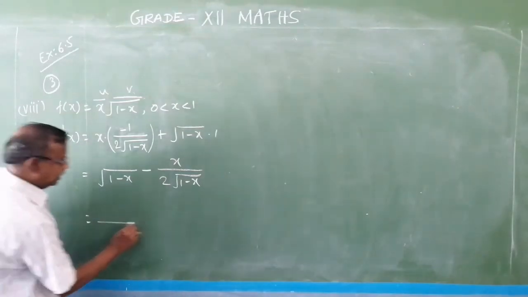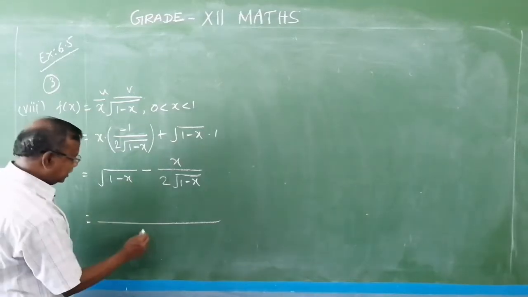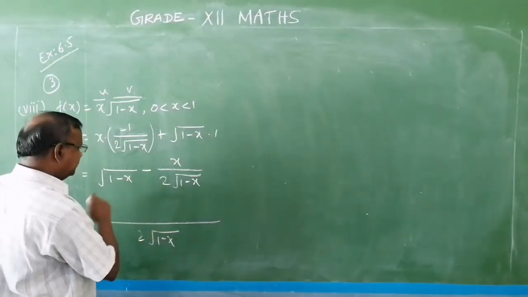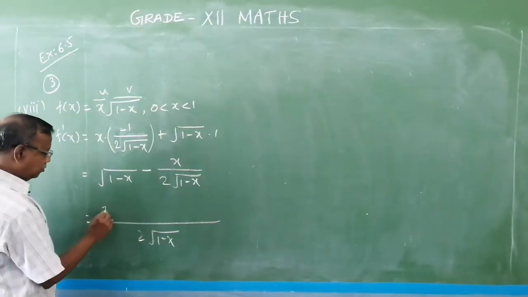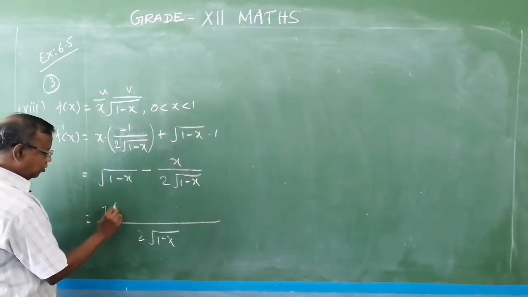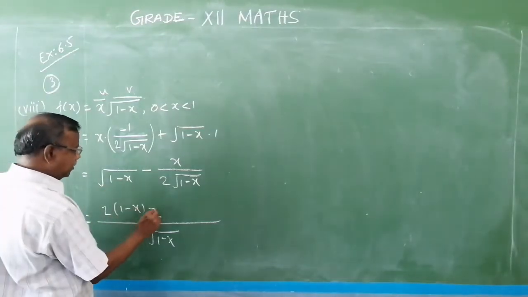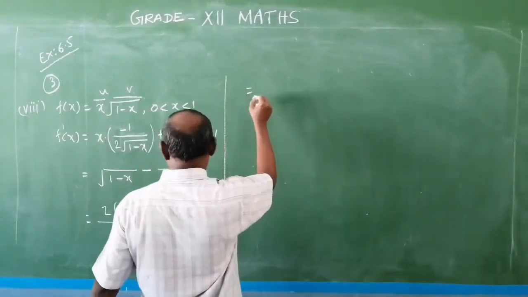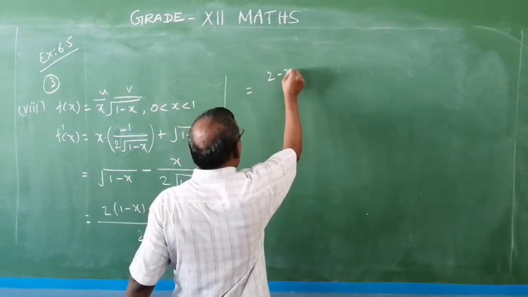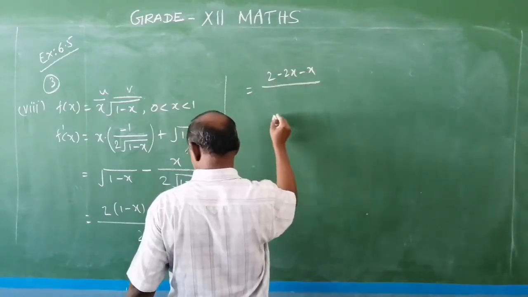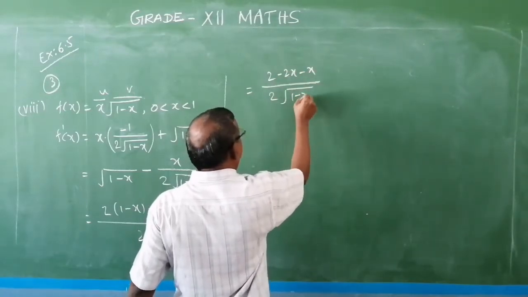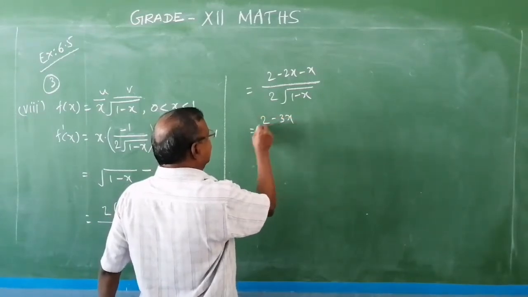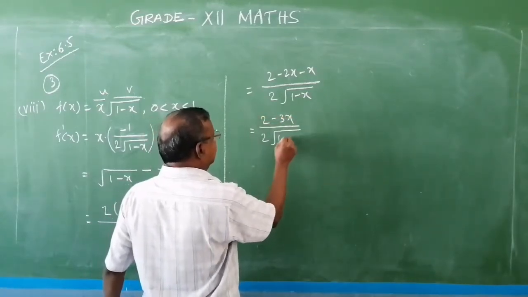So now let us take the LCM, that is 2 into root of 1 minus x. Now 2 into 1 minus x minus x, that is equal to 2 minus 2x minus x divided by 2 into root of 1 minus x, that is equal to 2 minus 3x divided by 2 into root of 1 minus x.